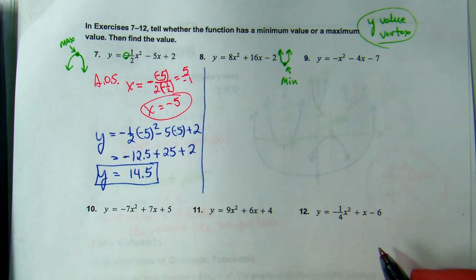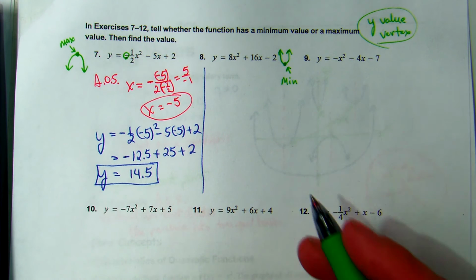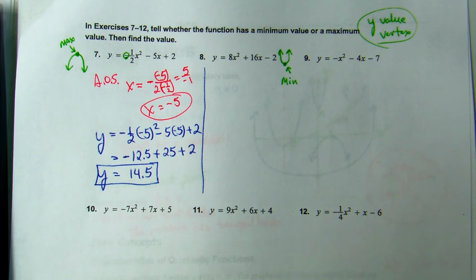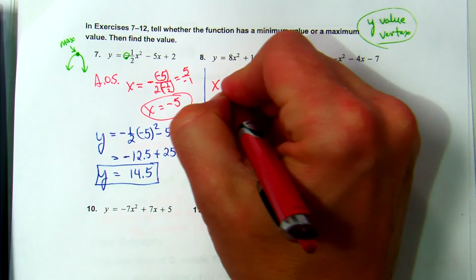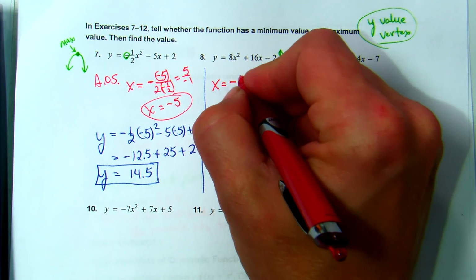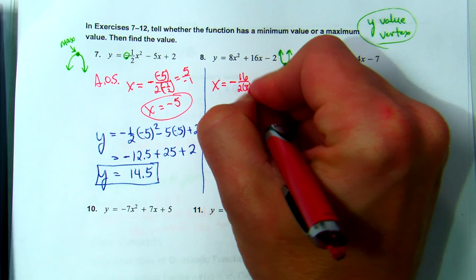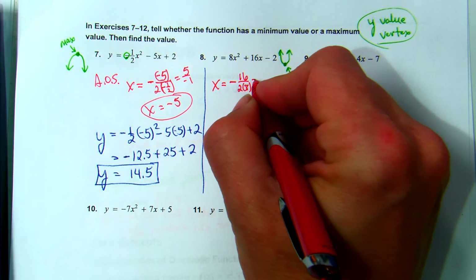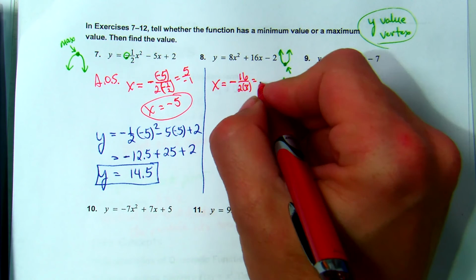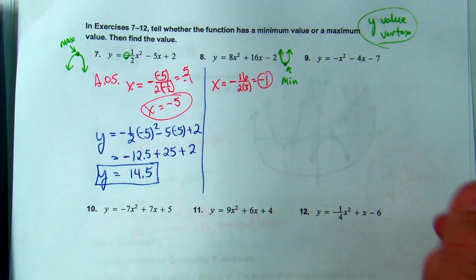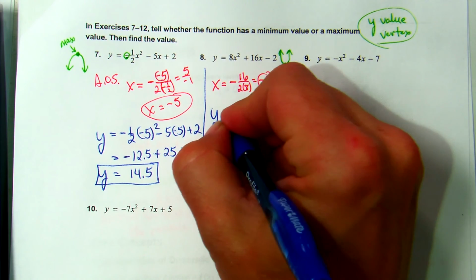Because the graph opens upward, it's a min. All right, so finding our axis of symmetry, x is going to equal negative 16 over 2 times 8. Well, that simply is negative 16 over 16, or negative 1. We'll plug that into the original equation to give us our y value.